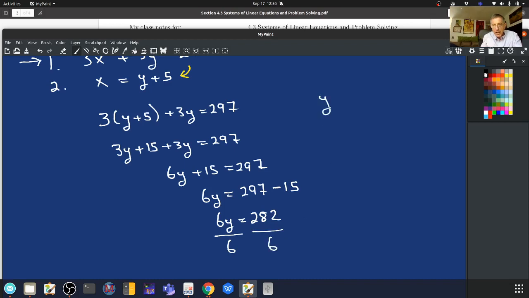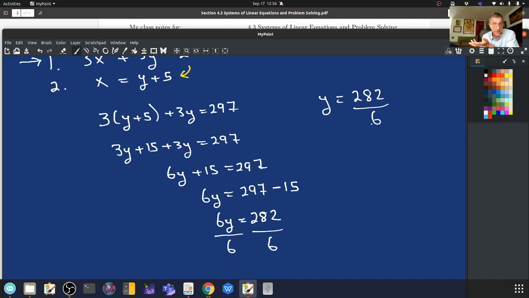So y is equal to 282 divided by 6. Now, is there any way you can know if 282 is evenly divisible by 6? Yes, there is. The divisibility by 6 test is the following. If the number is divisible by 3 and the number is divisible by 2, then it is divisible by 6.